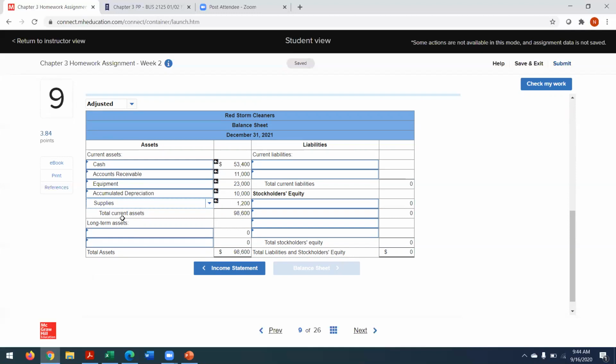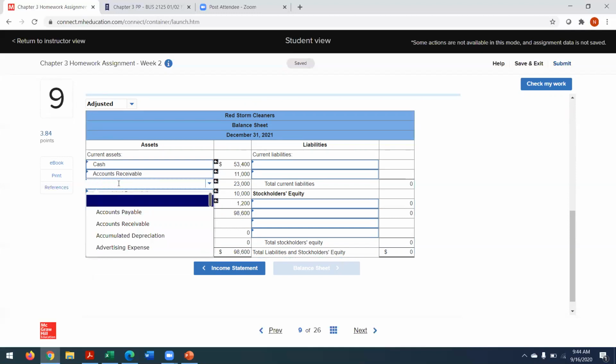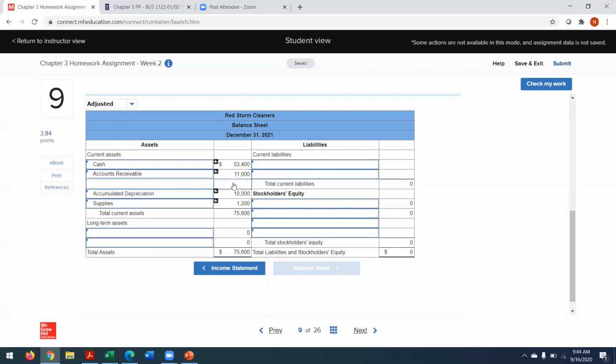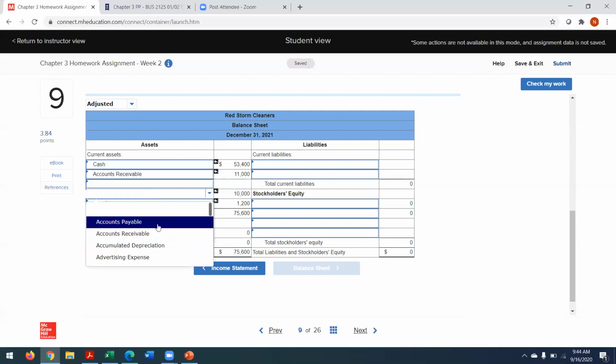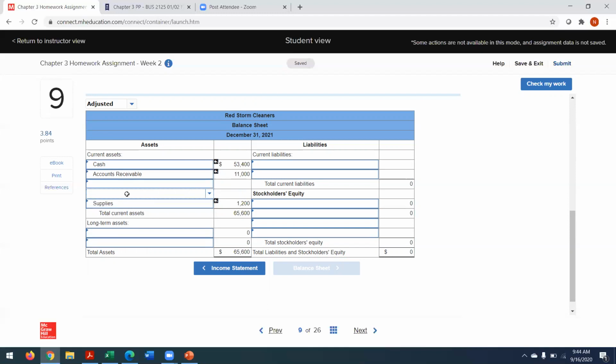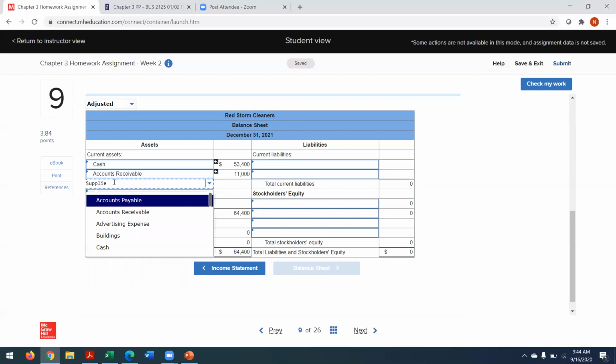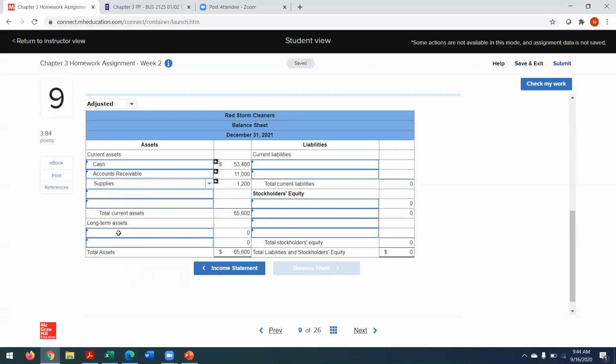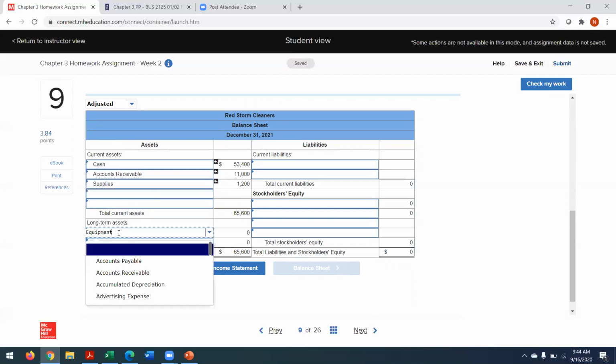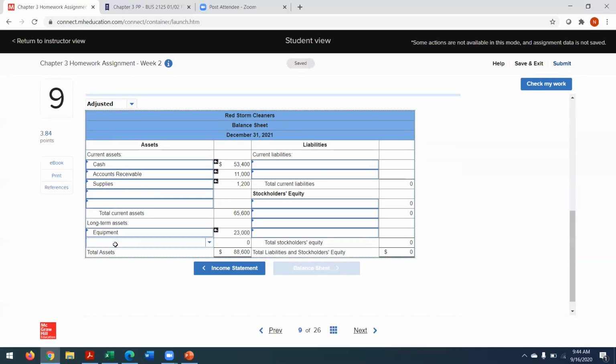Right? My equipment needs to go here. So my assets are my equipment, and then less the accumulated depreciation. What are my liabilities? Salaries payable? Do I have any other liabilities?